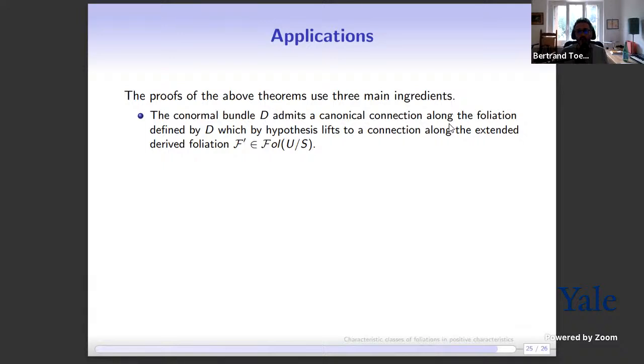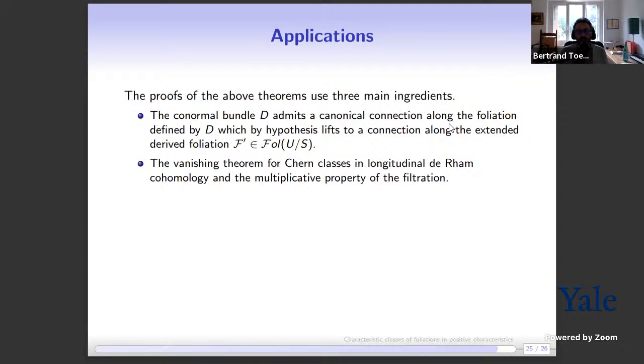And if your foliation lifts over S, then this conormal bundle also lifts over S. So this bundle is not only a bundle, it's like a crystal in some sense along the leaves of the connection. That's the first observation: this conormal bundle is always flat along the leaves.